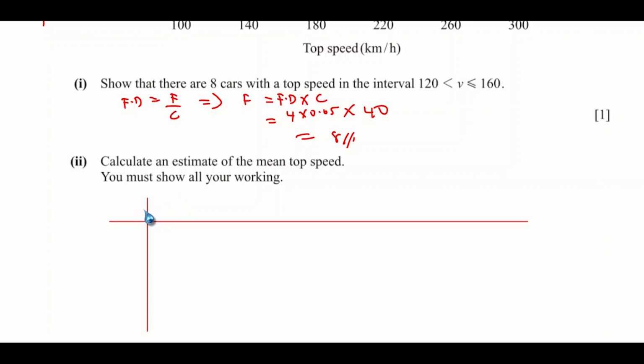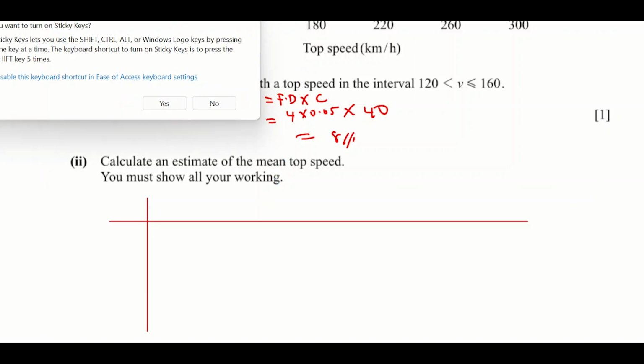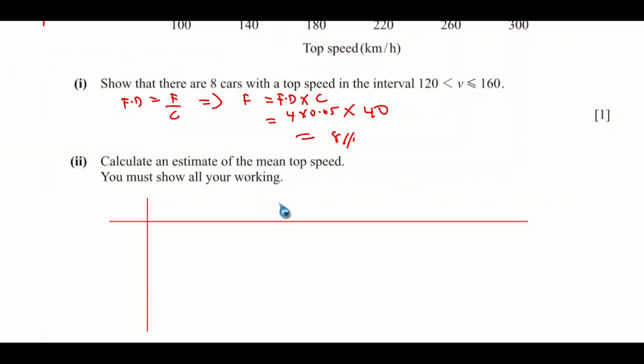So we're going to have the class interval. Let me divide 1, 2, 3, 4, 5. I think I will need 5 lines. So let's do this for the class interval. Or let's have more space. Sorry for that. So I can have more space like this for the class interval.